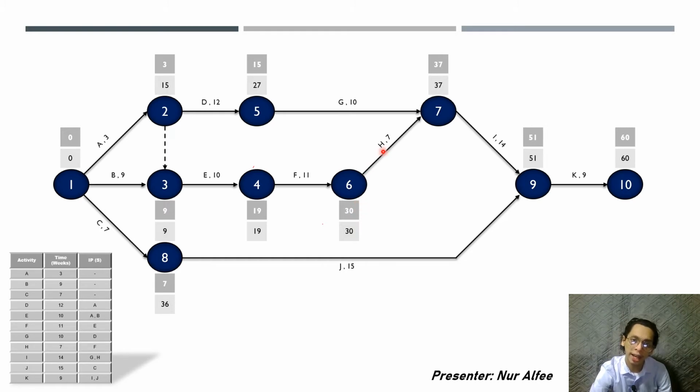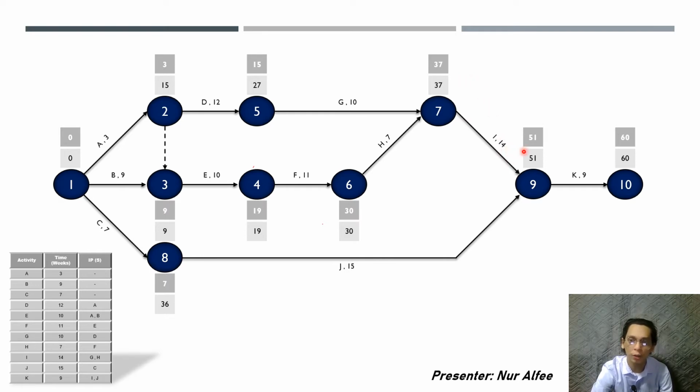Activity H has 7 weeks, so 30 plus 7 equals 37. Compared to activity G, 15 plus 10 equals 25, activity H has the longest at 37 weeks. So we write down 37 here, and then 37 plus 14 equals 51.